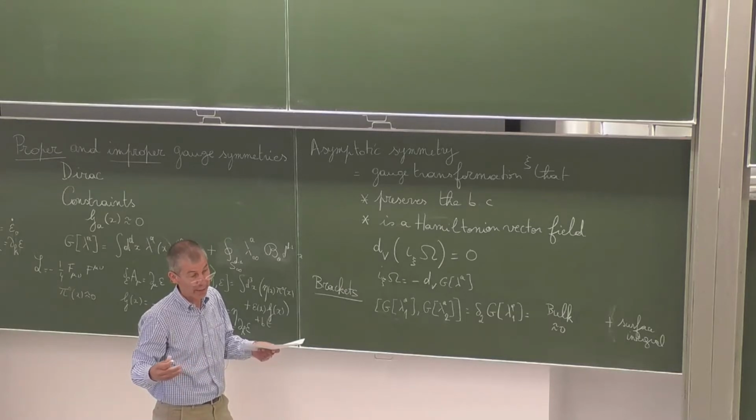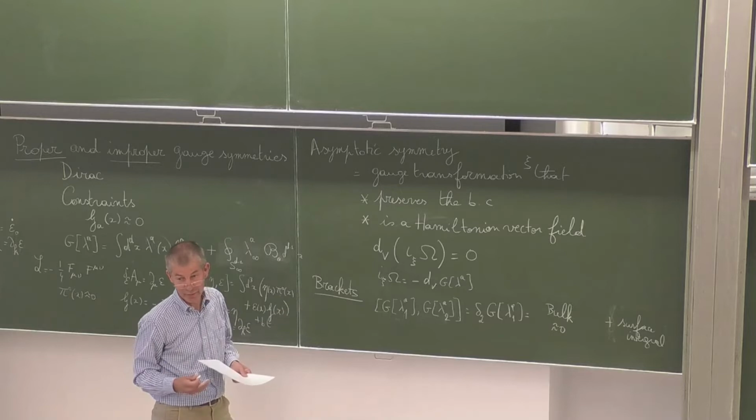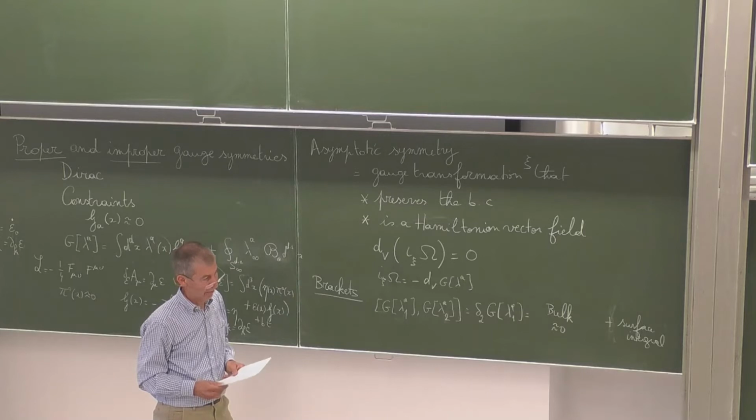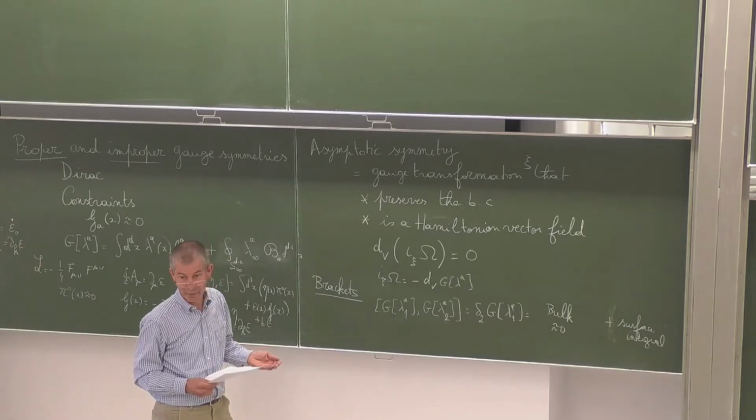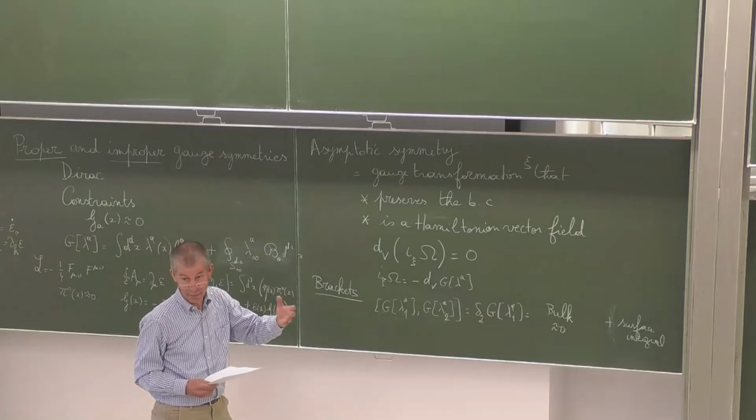And we are familiar with that in gravity, say. We know that Poincaré transformations are diffeomorphisms, after all, but there are diffeomorphisms that do not go to zero at infinity. And we are not requiring that the physical state should be in the trivial representation of the Poincaré group. We can have a non-vanishing mass. We can have a non-vanishing spin. These are meaningful quantities, but that means also that the states will transform when you make a Poincaré transformation, even though a Poincaré transformation is a diffeomorphism. You can boost a black hole.